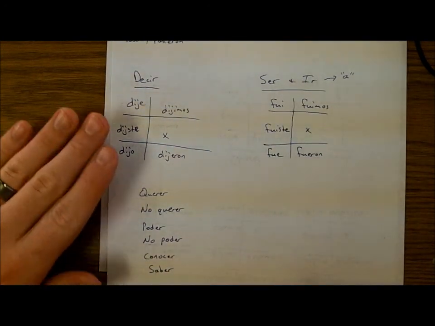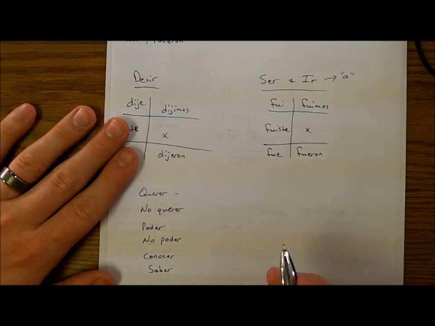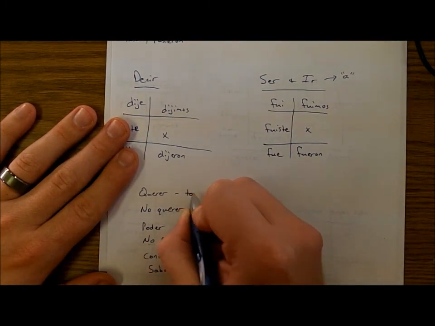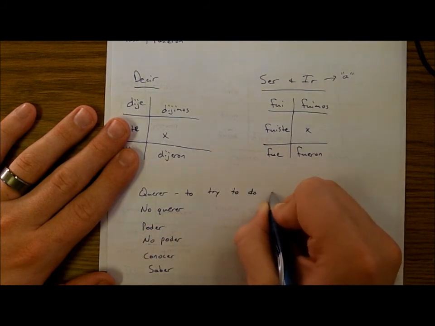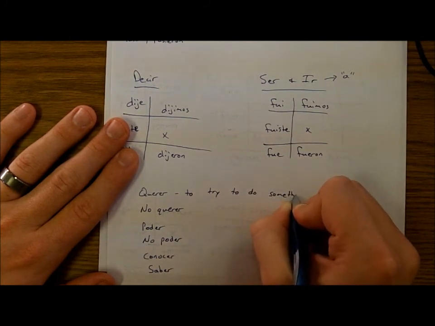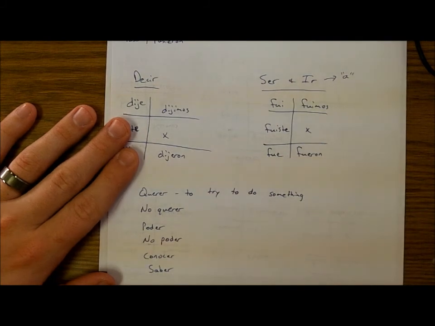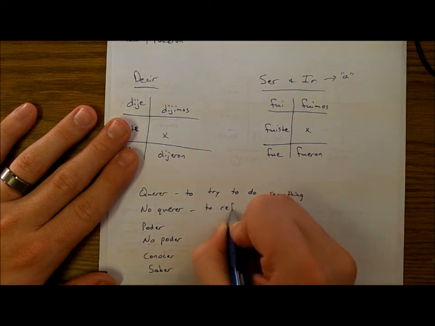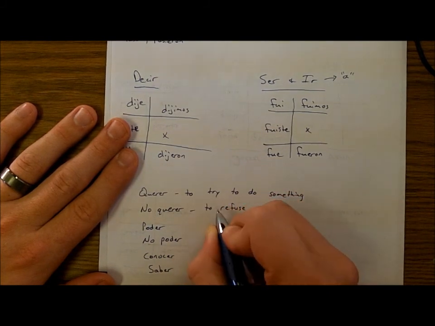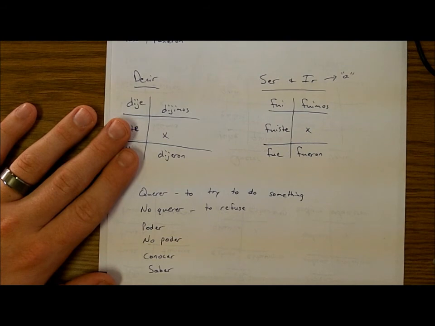Now, querer means to try to do something. It means you tried it and then it's over. So, no querer means to refuse to do something. No matter what anyone says, you won't do it. You refuse.